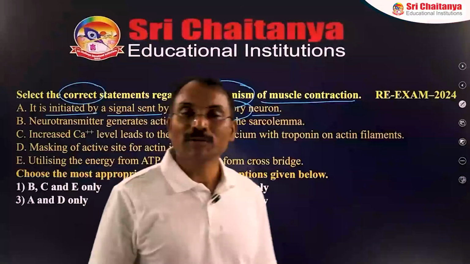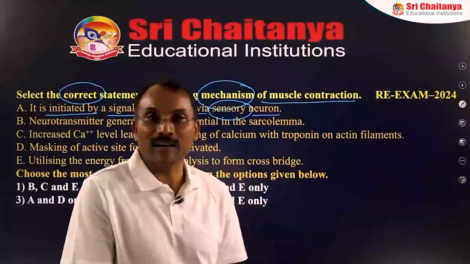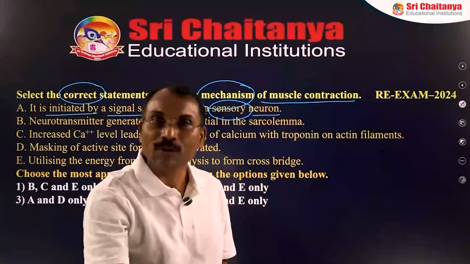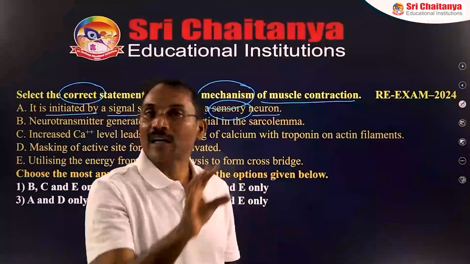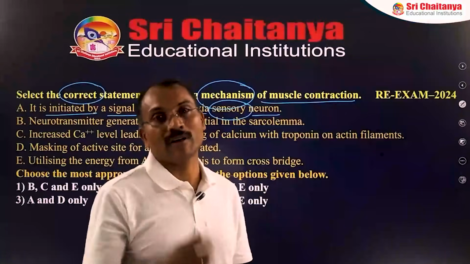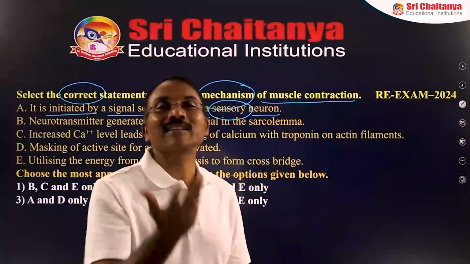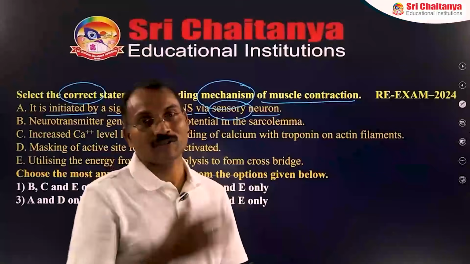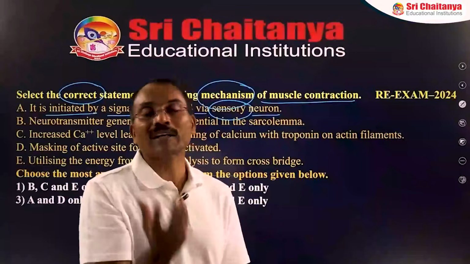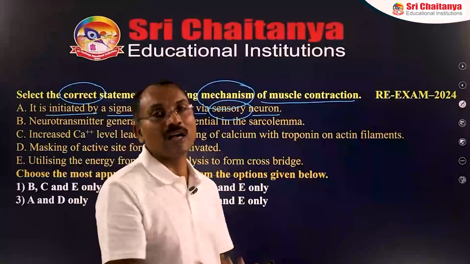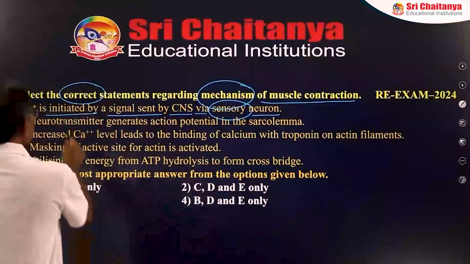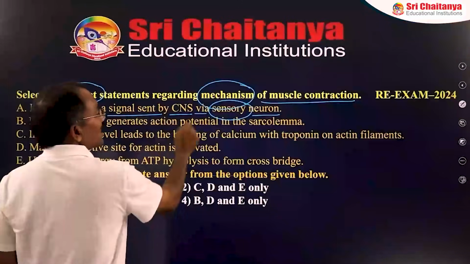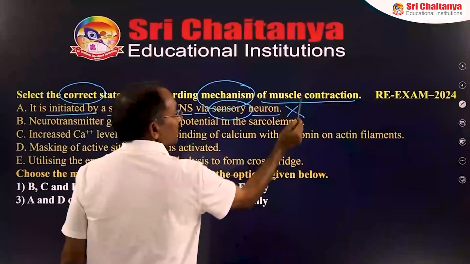We have discussed in the activation of muscle fiber, motor impulse reach to neuromuscular junction through motor neuron, but not through sensory neuron. Sensory neuron carries sensory impulse from receptor to CNS, whereas motor neuron carries motor impulse from CNS to effector. So this statement is wrong.